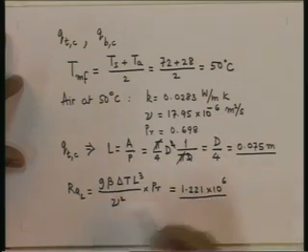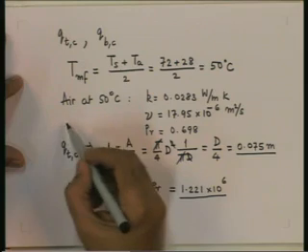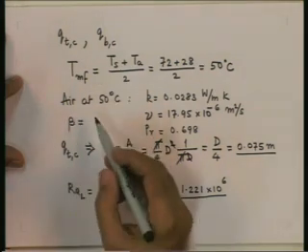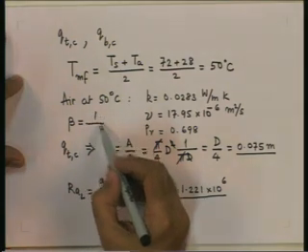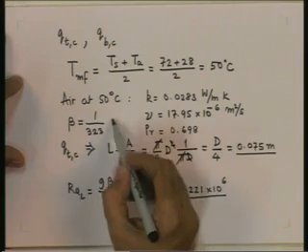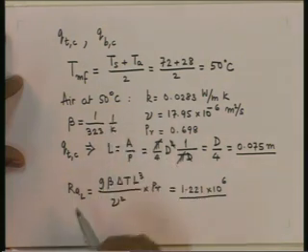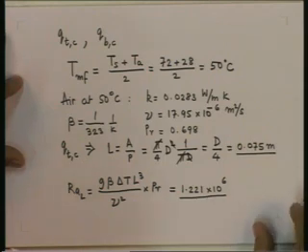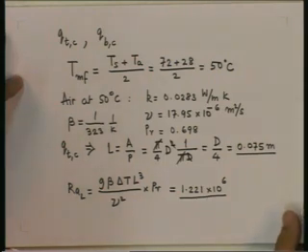Remember, we need beta as a property, but then beta will be 1 divided by T mean film in Kelvin, that will be 1 divided by 323 1 over Kelvin. So, we have everything here to compute the value of the Rayleigh number.